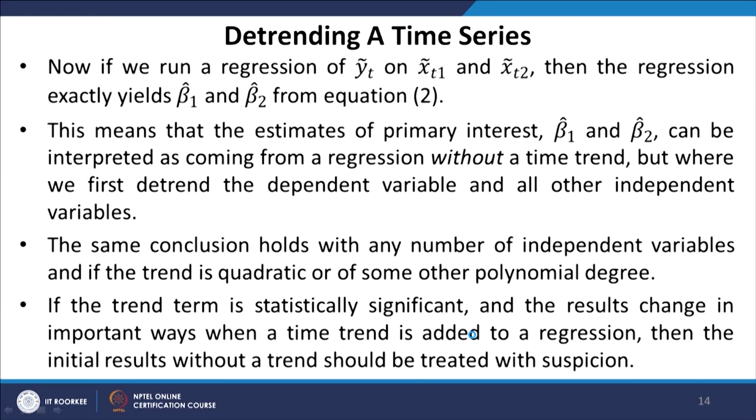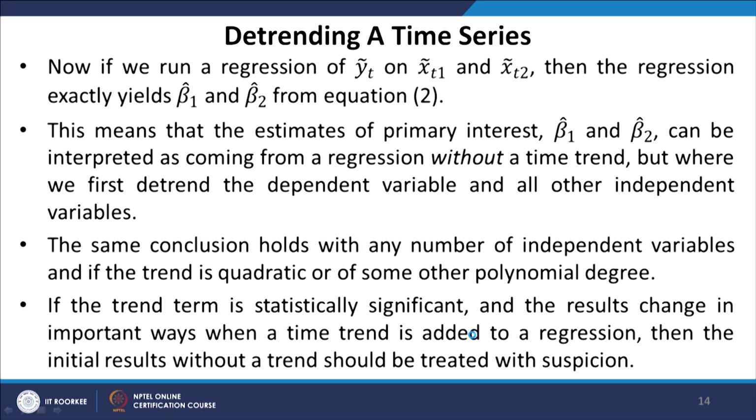This means that the estimates of primary interest, beta 1 hat and beta 2 hat, can be interpreted as coming from a regression without a time trend, but where we first detrend the dependent variable and all other independent variables. The same conclusion holds with any number of independent variables, and if the trend is quadratic or of some other polynomial degree.